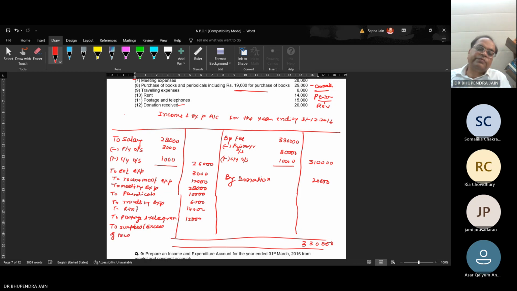Excess of income over expenditure. 3,30,000 minus 26,000 minus 3,000, 12,000, 15,000, minus 38,000, minus 20,000 and minus 15,000. How much did we get, beta? It is 2,16,000 and the total is 3,30,000. Clear, beta? This is the procedure to prepare an income and expenditure account. Okay, beta?